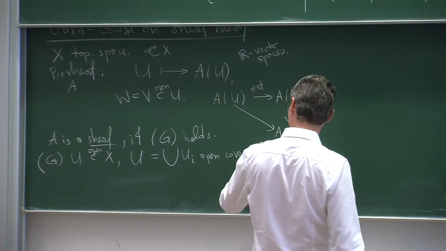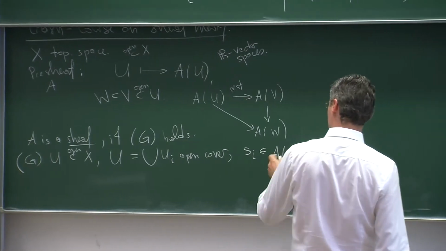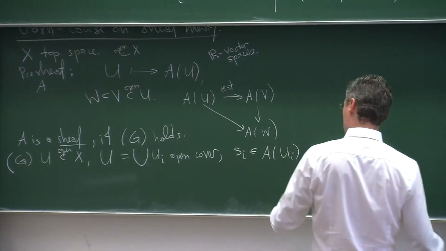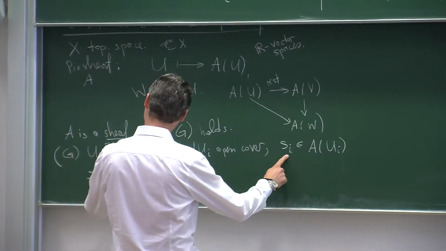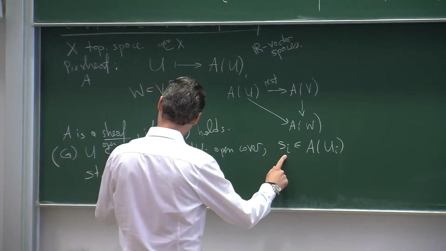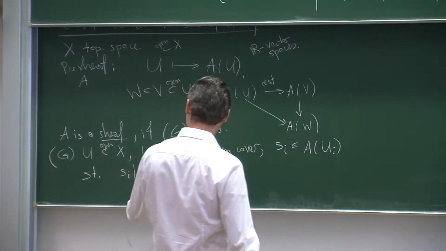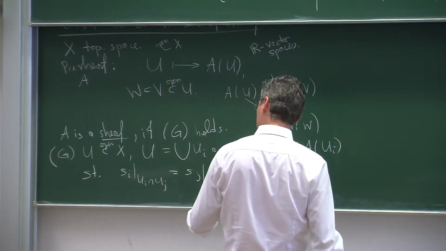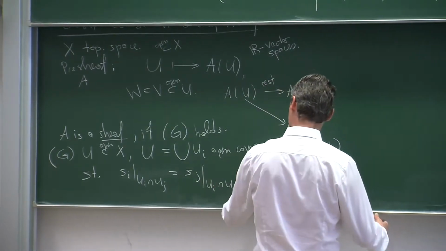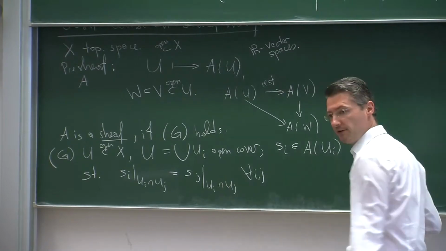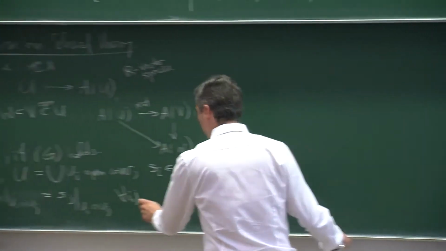And also you are given elements s_i in these vector spaces A(U_i). But you know something, such that when you restrict s_i to the intersection of U_i and U_j, it's the same as if you restrict s_j to that intersection, for all i, j where this intersection is non-empty, of course. So suppose you know that.